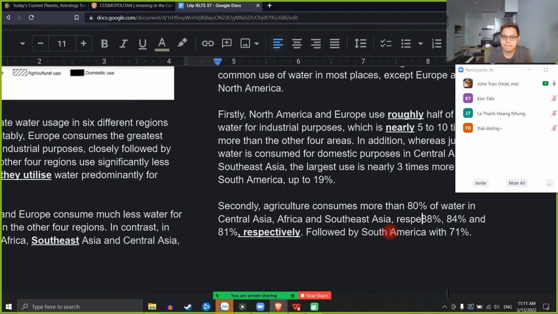Chẳng hạn. Nhưng mà nếu respectively thì phải nằm ở cuối nha. Respectively. I'm trying to say that if you use the adjective form respective, it should be before those numbers. If you use the adverb form respectively, you put a comma and then respectively at the very end. At the very end.